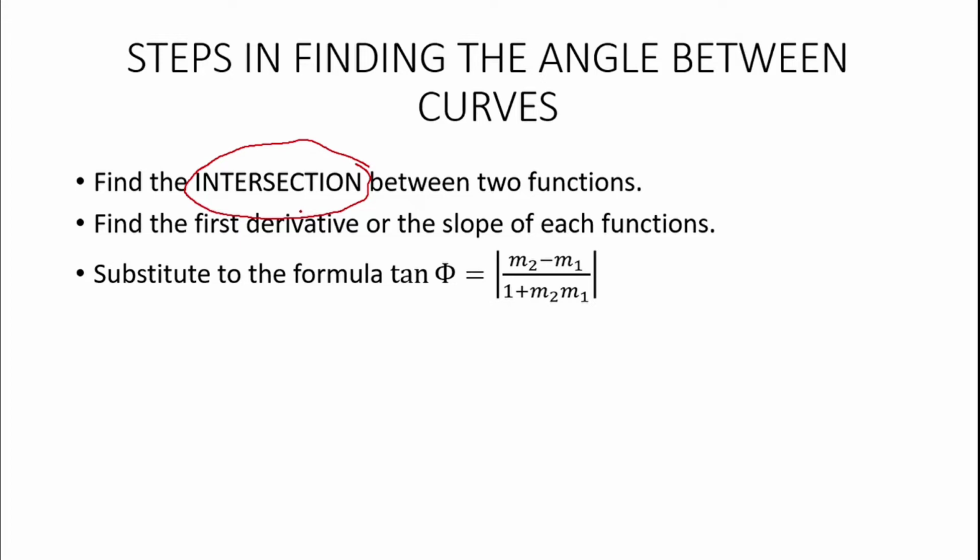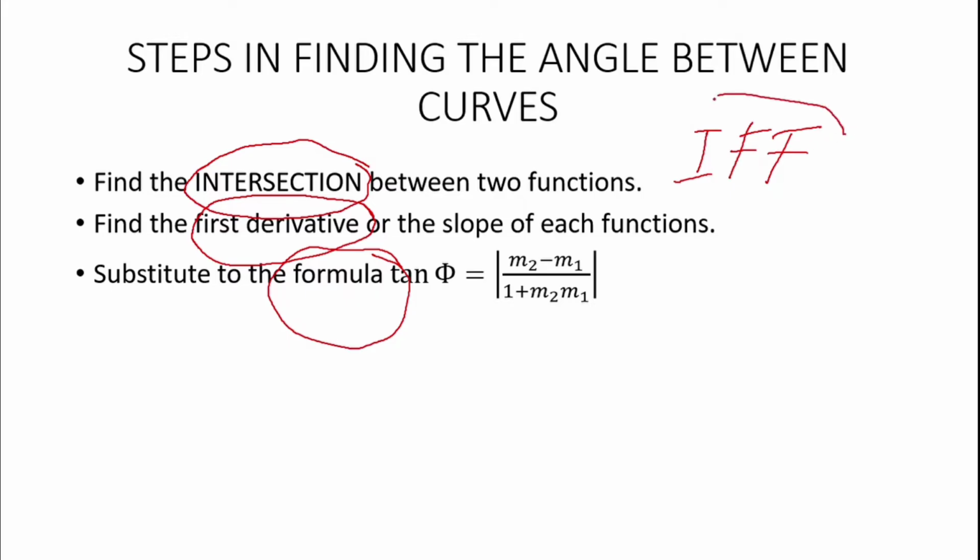Next is find the first derivative or the slope, and substitute to the formula. So we have I, F, F: intersection, first derivative, formula. These are the steps in finding the angle between the curves.